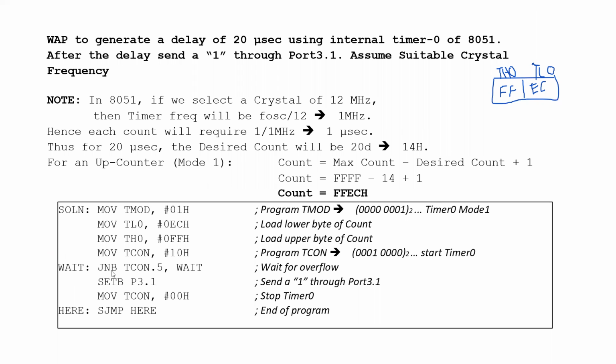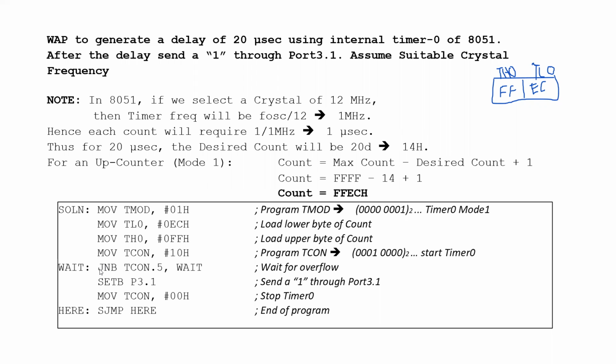With JNB, we are waiting for the overflow. JNB means jump if not bit set. So when it is 0, it jumps back.